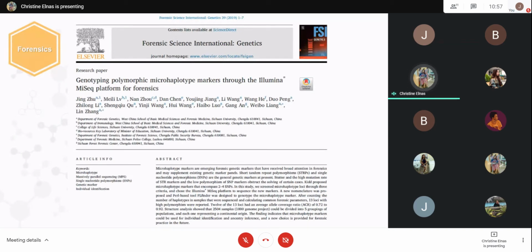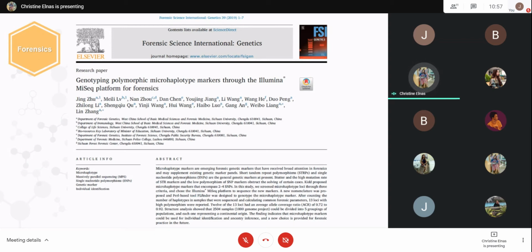So in this study, they proposed microhaplotype markers that encompass 2 to 4 SNPs.